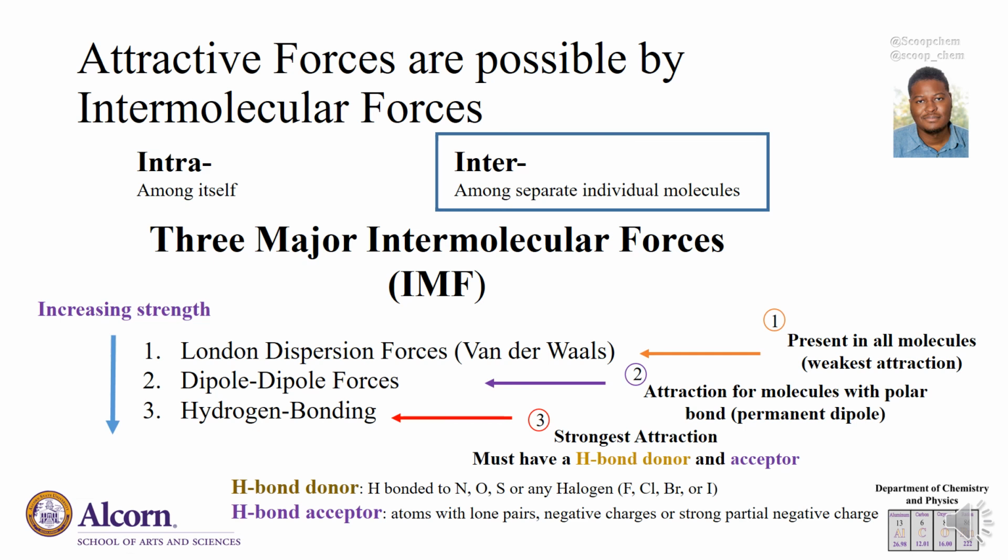All right. And a hydrogen bond acceptor is just an atom that has some type of electron density, right? So that means it can be an atom with a lone pair or a negative charge or a very strong partial negative charge, right? Those scenarios where I have a hydrogen bond donor and a hydrogen bond acceptor allow me to have hydrogen bonding.